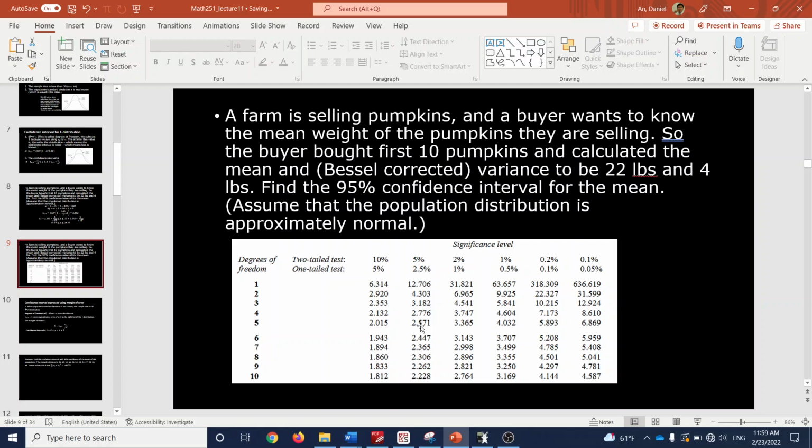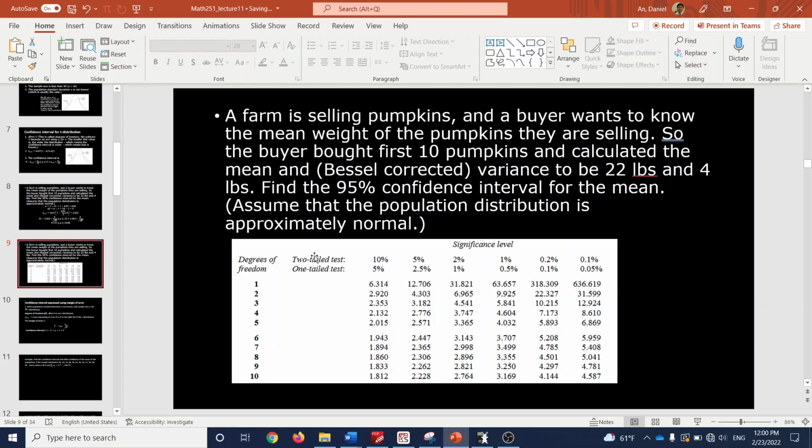So using the t distribution table I handed out yesterday, look at the degrees of freedom 9. So I see the degrees of freedom 9 right here, right? And when you do a confidence interval, I didn't explain what a two-tailed test and a one-tailed test is because we haven't done any hypothesis testing yet. But see, when we do a confidence interval, you end up putting bars on both sides, right?